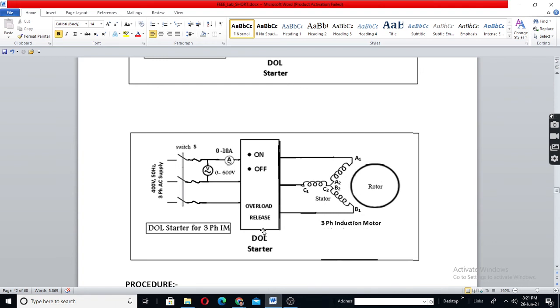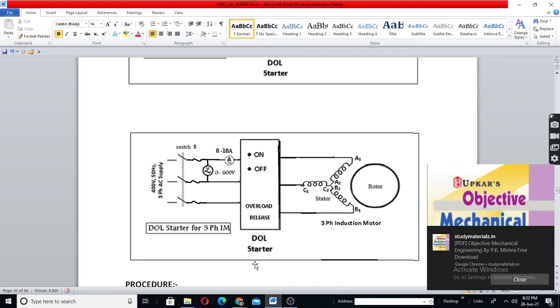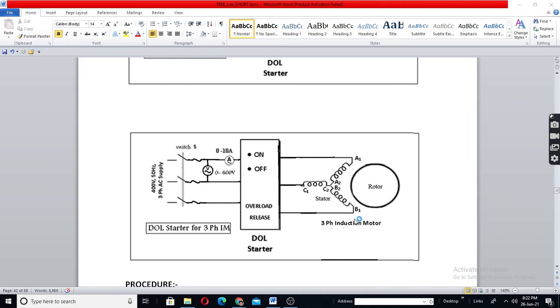Another advantage is, suppose power fails. If power fails, the motor will stop. When power comes back, the motor will not start because you have to press the on button once again. The advantage is, when the power is restored, the voltage may be high.